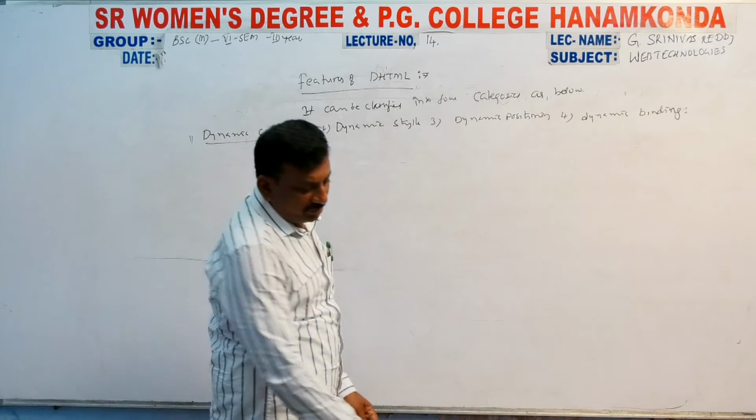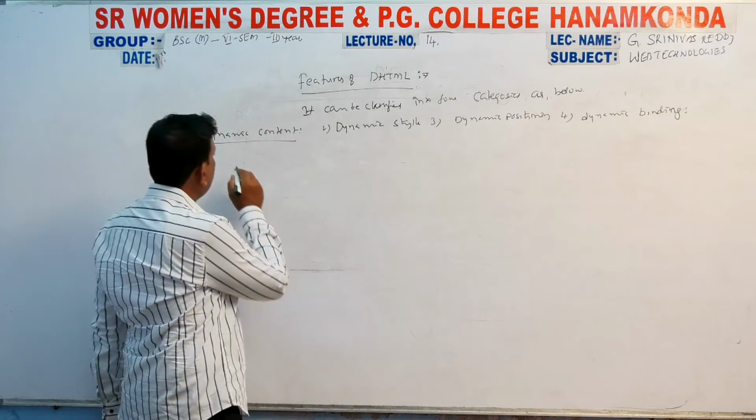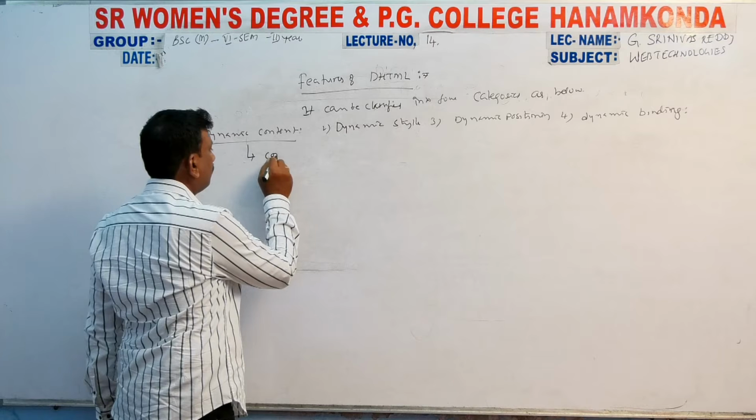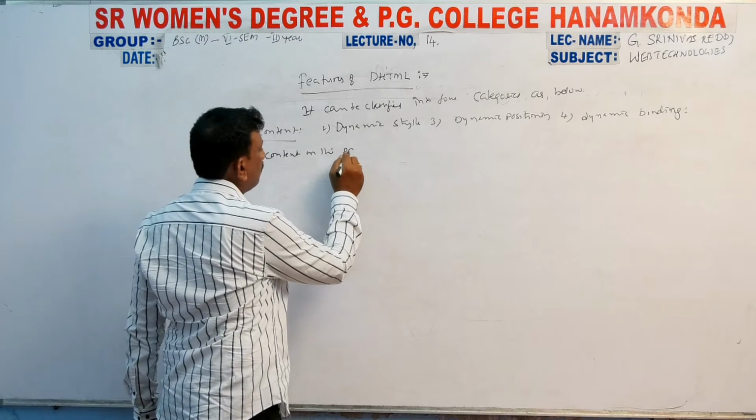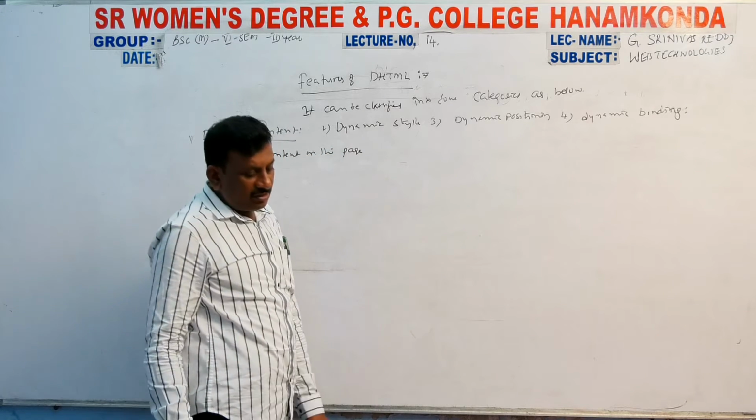You can write here: content on the page, or material or data, is modified dynamically based on the user input.